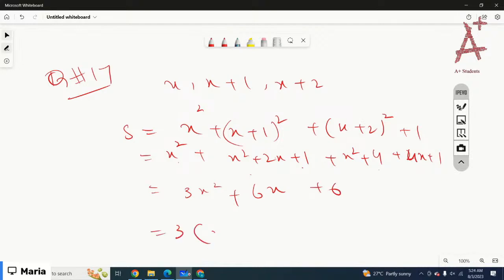We can take 3 common, so you are left with x squared plus 2x plus 2. You can see the greatest common factor is 3. That means the result is divisible by 3, right?